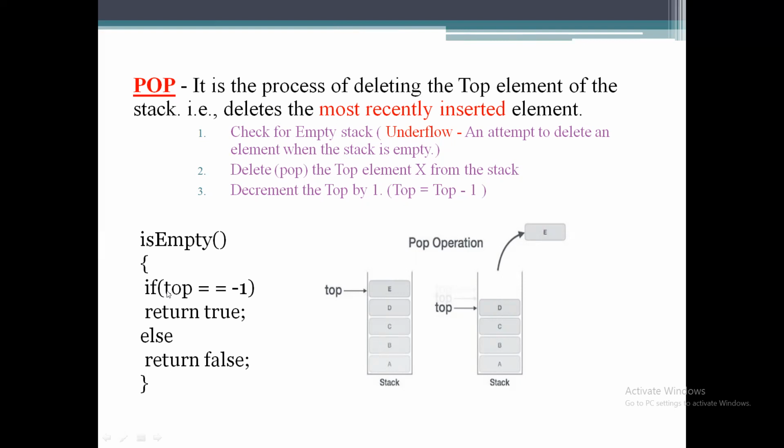Whenever you initialize your top value as -1, it represents that your stack is empty. So if top is equal to -1, your stack is empty and you can't do the pop operation. If it is not, you call the pop function so that the topmost element will be deleted from the stack.